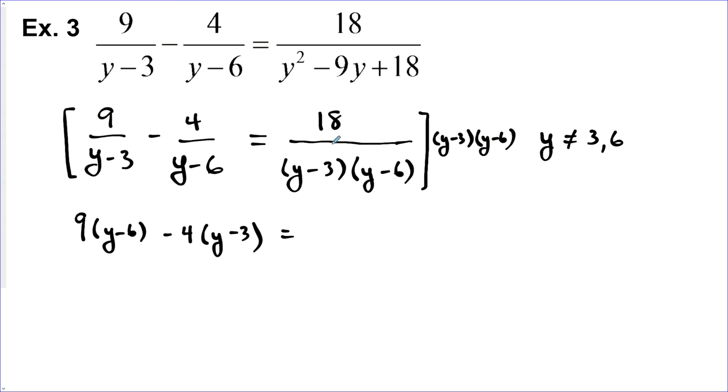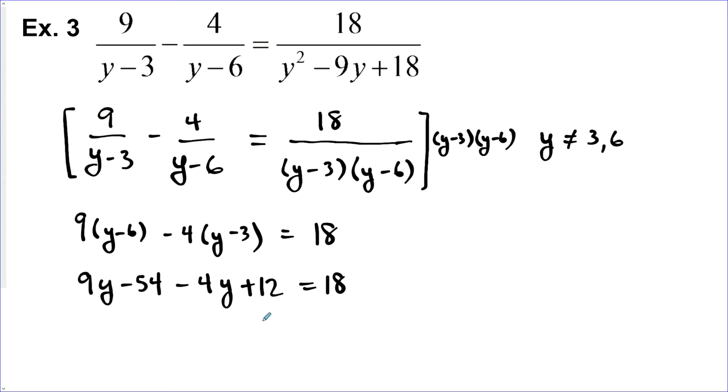And in the last term, on the right side of the equation, both the binomials cancel, so I'll just be left with 18. Now I can distribute in my coefficients of 9 and negative 4. So I've got 9y minus 54 minus 4y plus 12 equals 18.